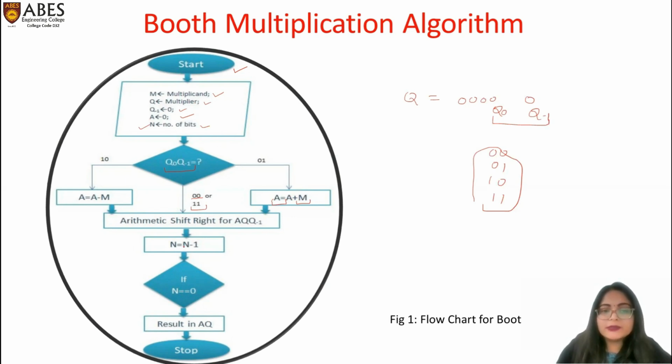Every time n is decremented by 1. If n becomes 0, the result you can find in AQ. Otherwise, you need to work for the next counter bit.